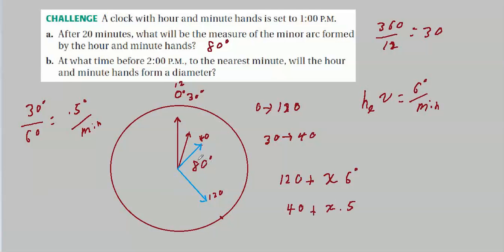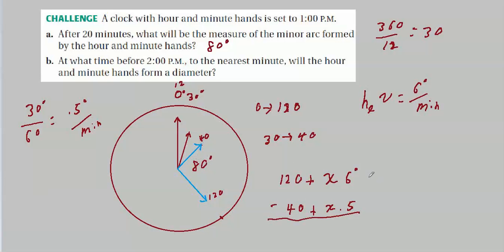Now, what we're looking for is the point where the difference between these two angles equals 180 degrees, which means I would subtract this, which is going to be the smaller angle for sure, from this. So if I wrote it like that, boom, I'd have an equation, wouldn't I?